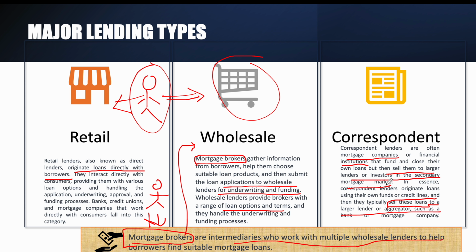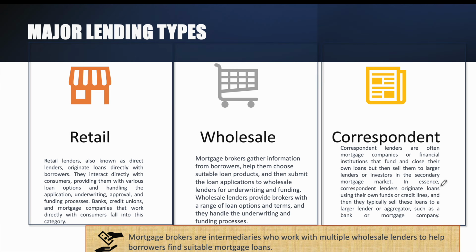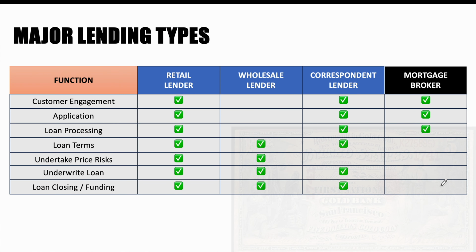Some of these will go to something called mortgage-backed securities, where it is sold in the secondary market. I have explained MBS in some other video, but MBS is where these loan instruments may also land up when the correspondent sells in the secondary market. So that's what these three kinds of lending are all about.